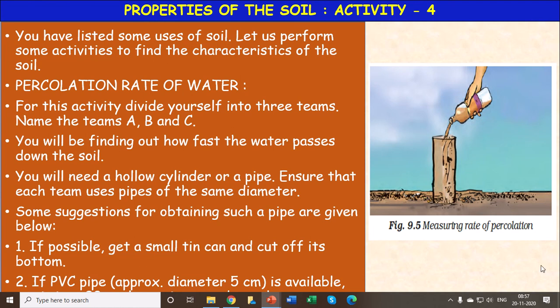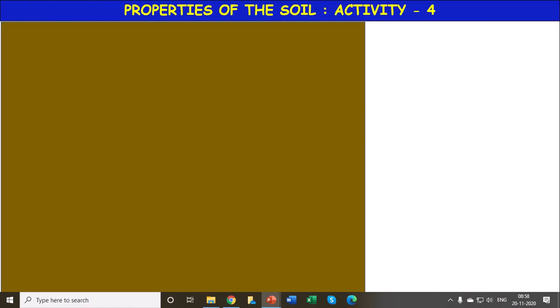You can take the help of elders or your teachers to cut the pipe. All three groups have to select pipes of the same diameter and height, and perform the experiment.